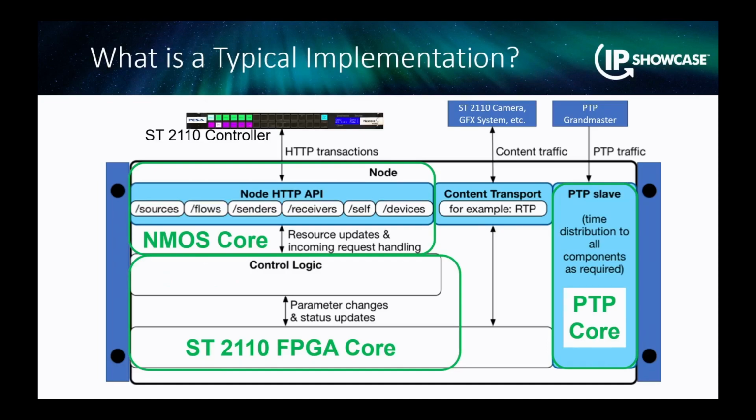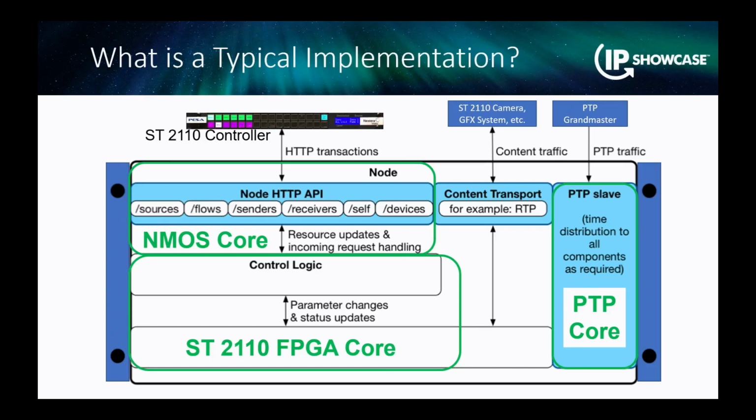So what is a typical implementation? Say you're a product manufacturer and you want to add NMOS and/or 2110 to your device. What does that look like? Well, here's a picture of a typical product. It might be, let's say, an SDI to IP gateway or something like that. In the lower left, it's got the 2110 FPGA cores.